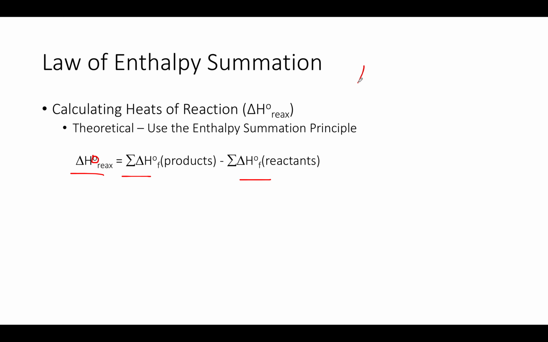So if I had a reaction A plus B gives me AB, the heat of the reaction is the heat of AB, the heat of the products, minus the heat of the reactants, and it's the sum of the heat of the reactants.